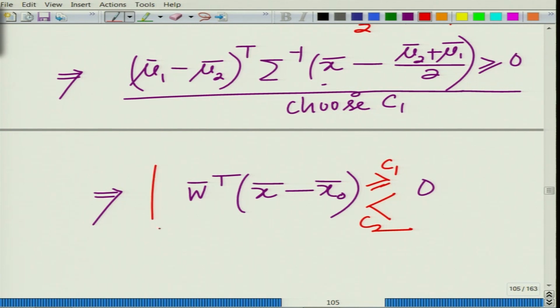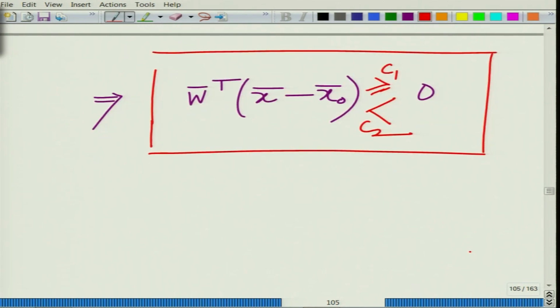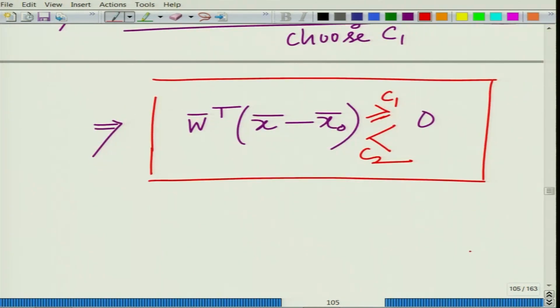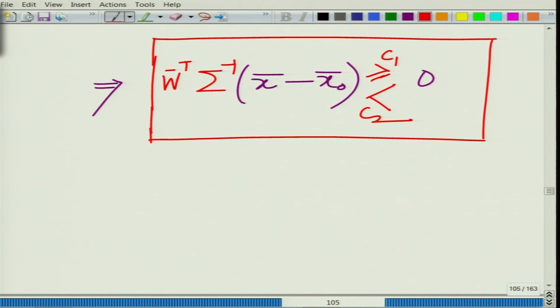Remember, this is how we write this condition. This is very interesting and I am going to explain more about it. I am sorry, sigma inverse has to be there. I think it is better to define it this way.